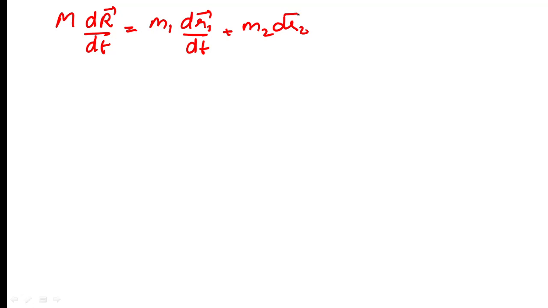So we obtain M dR upon dt equals m1 dr1 upon dt plus m2 dr2 upon dt plus up to mn drn upon dt.